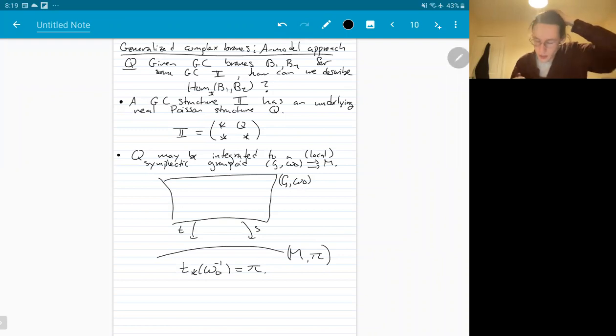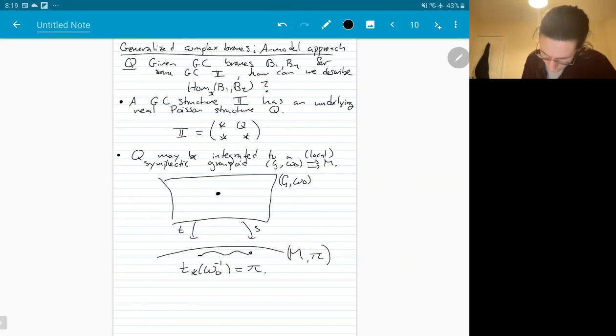But G actually has even more structure than just these maps. It has a partial multiplication. You can think of a point inside of G as corresponding to a type of path inside of M. It's a special type of Hamiltonian path, a flow of a Hamiltonian vector field.